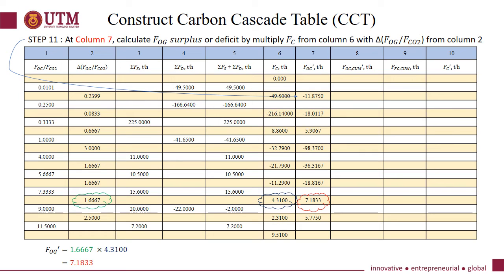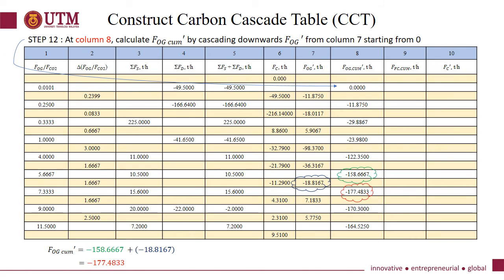By multiplying the 1.667, which is circled with green color, and the 4.31 that is circled with blue color, we obtain the FOG surplus of 7.1833 that is circled with red color in the slide. The carbon cascade table in the slide shows the result after finishing the calculation for column 7.